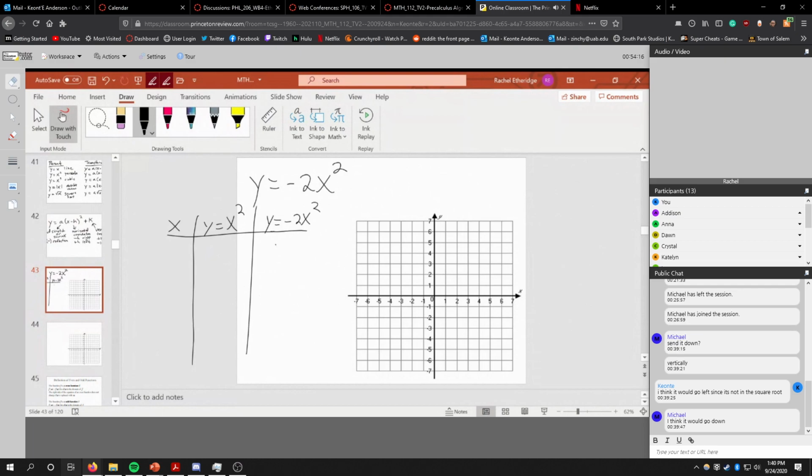So nothing happens to x here, right? The x is just x squared. Nothing really happens to that x. But out here, that tells me I have a vertical stretch because the number is a whole number, an integer. I have a vertical stretch, and the negative tells me I have a reflection.